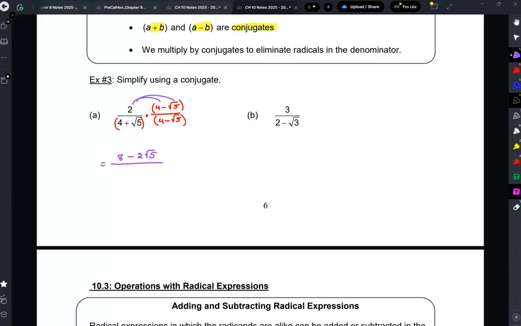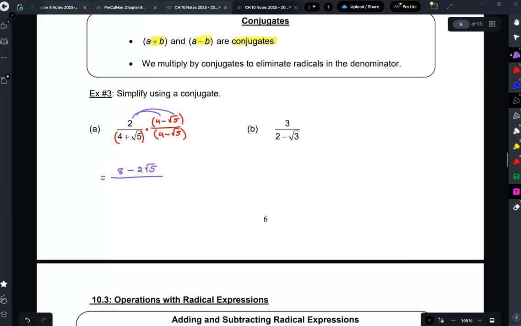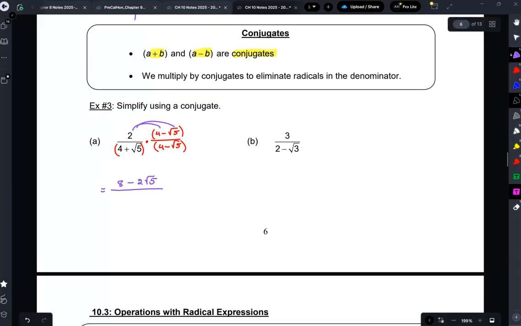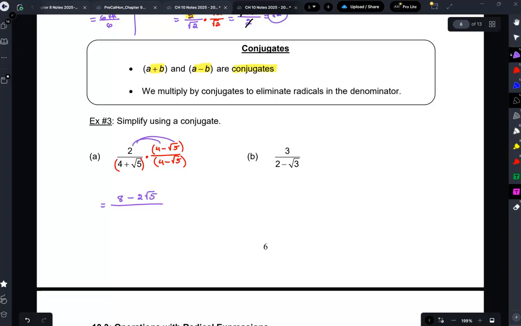Now, the denominator is a different situation. What I get in the denominator when I have a plus b, a minus b, before we used to FOIL. But I also showed you the shortcut. And we said this is a squared minus b squared. When we learned that in the last chapter, it was because of this.